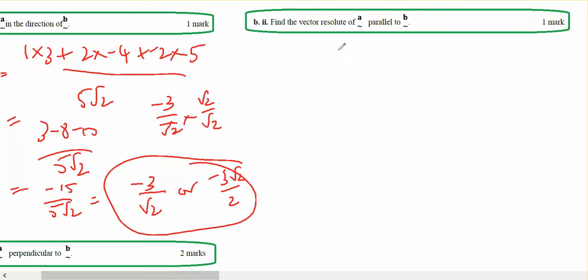Find the vector resolute of a parallel to b. So now we're doing the vector resolute. If I've got a and I've got b, I'm breaking a into a component that is parallel to b and a component that is perpendicular to b.